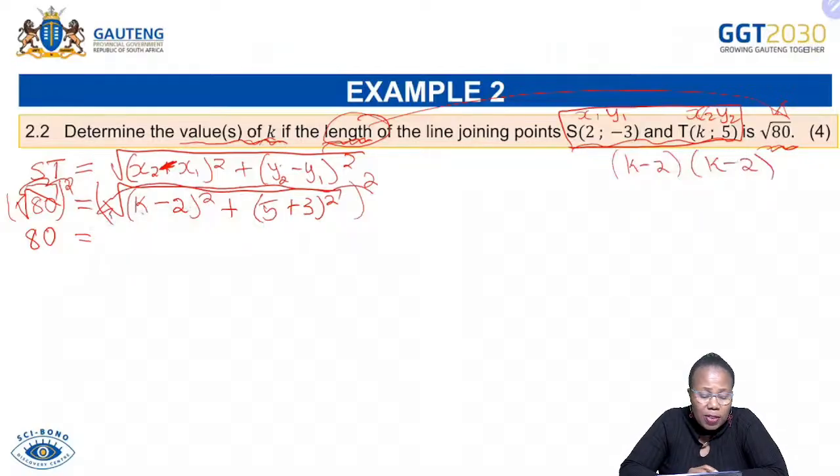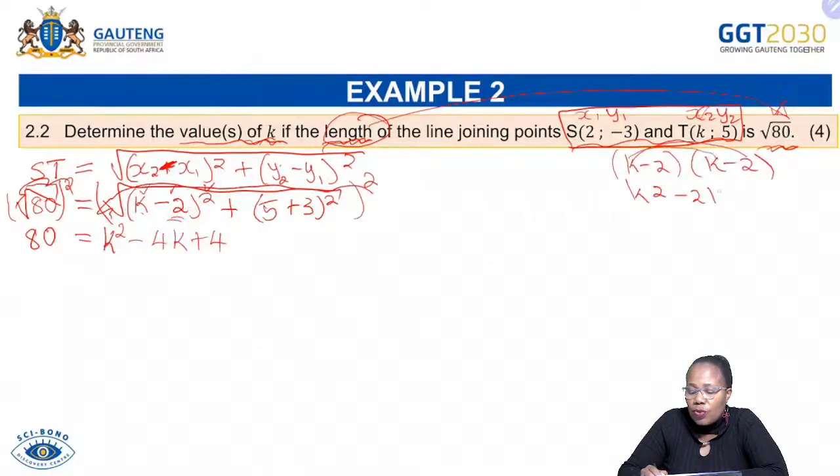You say k times k is k squared, k times minus 2 is minus 2k, minus 2 times k is minus 2k, and negative 2 times negative 2 is a plus 4. So you add like terms, that is minus 4k plus 4.